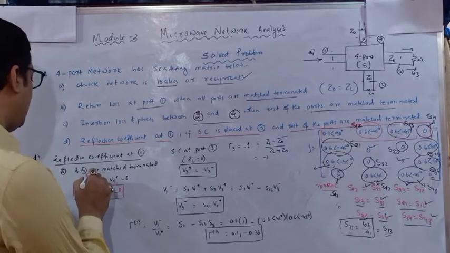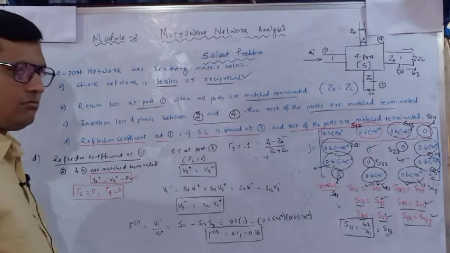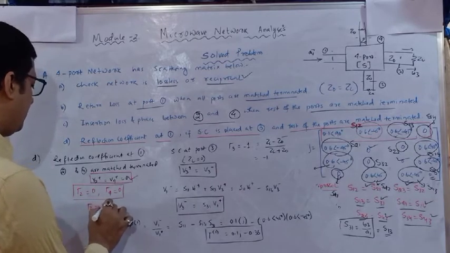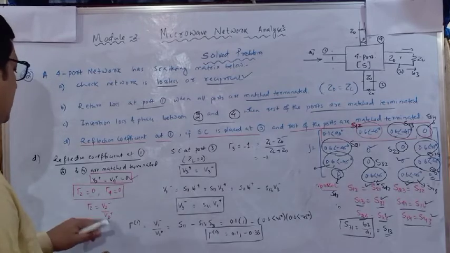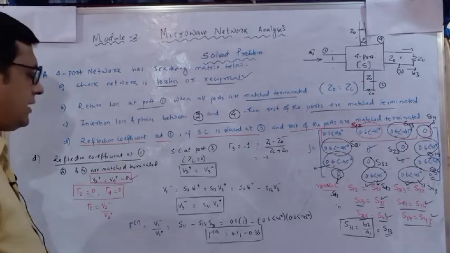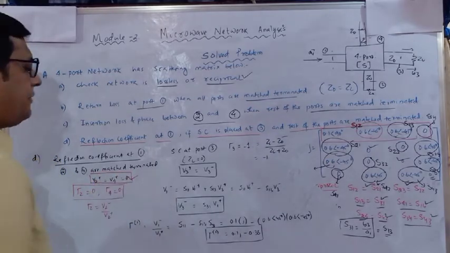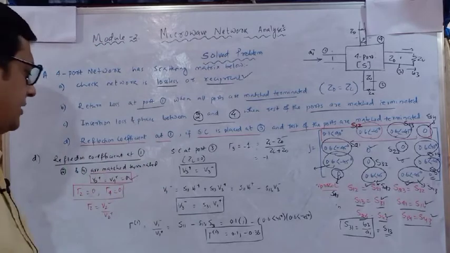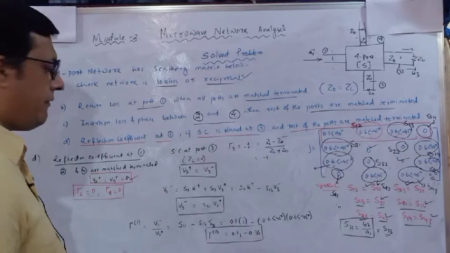So here I have written V2 plus and V4 plus both are 0, because the reflection coefficient of 2 is V2 minus divided by V2 plus. If this is 0, then both are equivalent as reflection coefficient. Similarly for V4 also 0. No input power is provided. It is terminated. So reflection coefficient is 0 for this first condition.